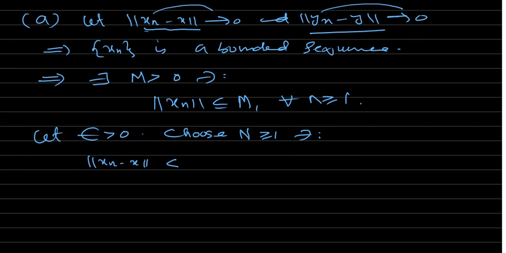So I should write here epsilon divided by twice m, and norm of yn minus y is less than epsilon divided by twice norm y, okay, because epsilon divided by twice norm y is also a positive number.